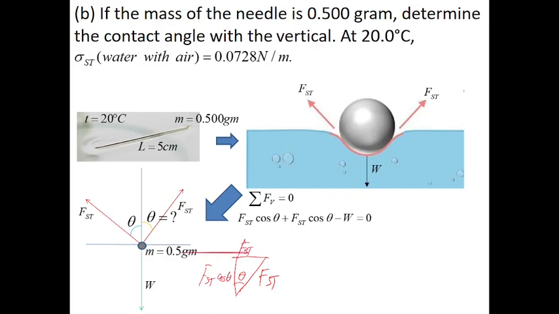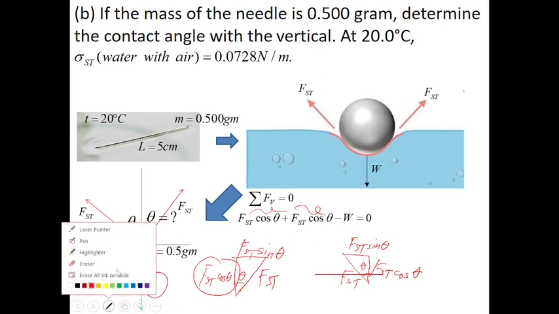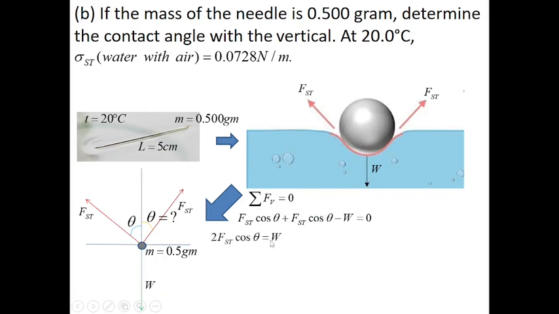When the angle is at the vertical, opposite is sine and adjacent is cosine. So, FST cosine, FST cosine, because our concern is along the vertical. So, FST cosine plus FST cosine, minus the weight, which points downward. So, 2FST cosine theta equals W.